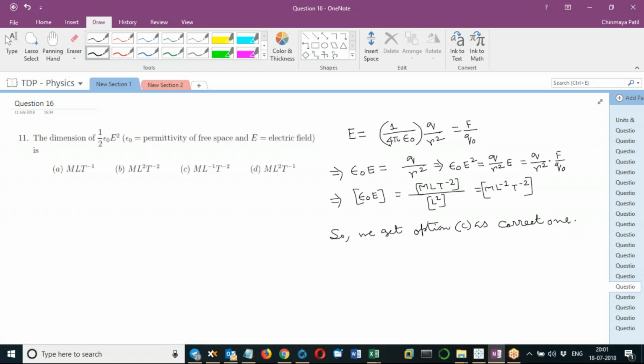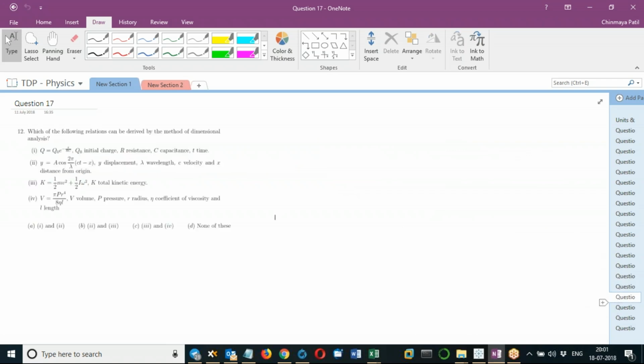Okay, so now let's proceed to the next question, which is question number 12. The question is, which of the following relations can be derived by the method of dimensional analysis?